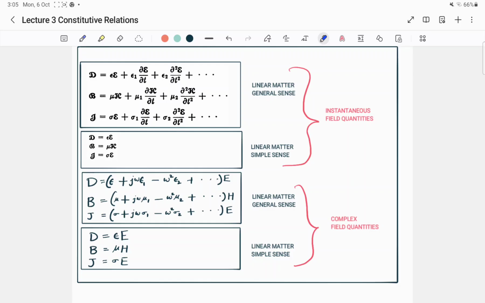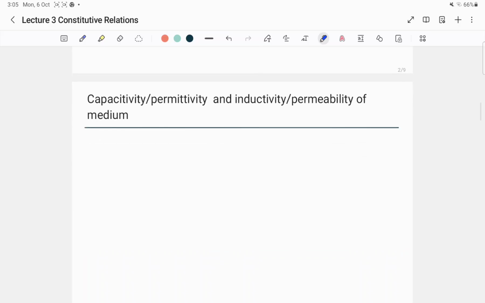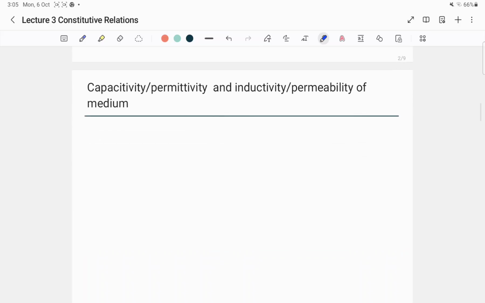Other than that, we are also going to see how epsilon and mu can be written in a rectangular form and in polar form, and we can derive the loss tangent with those equations. Alright, let's start now.